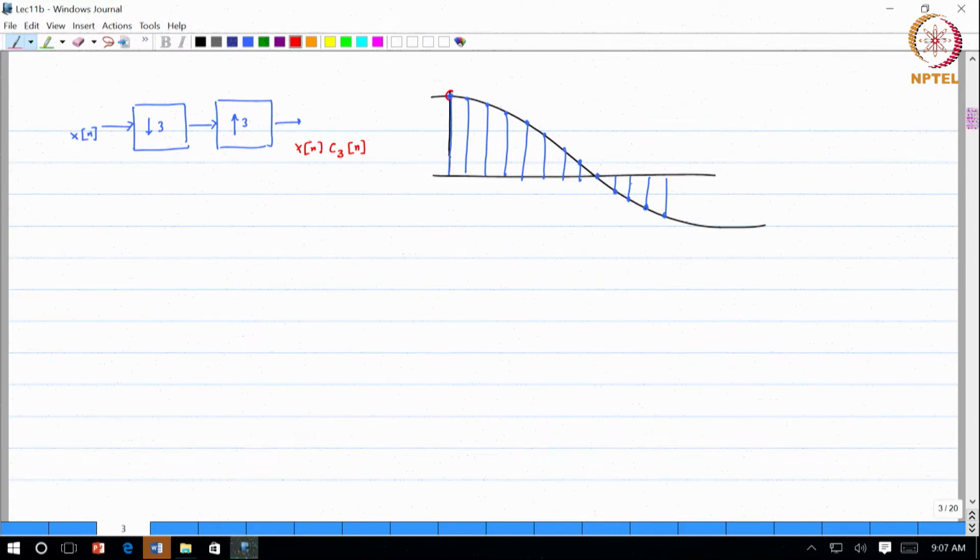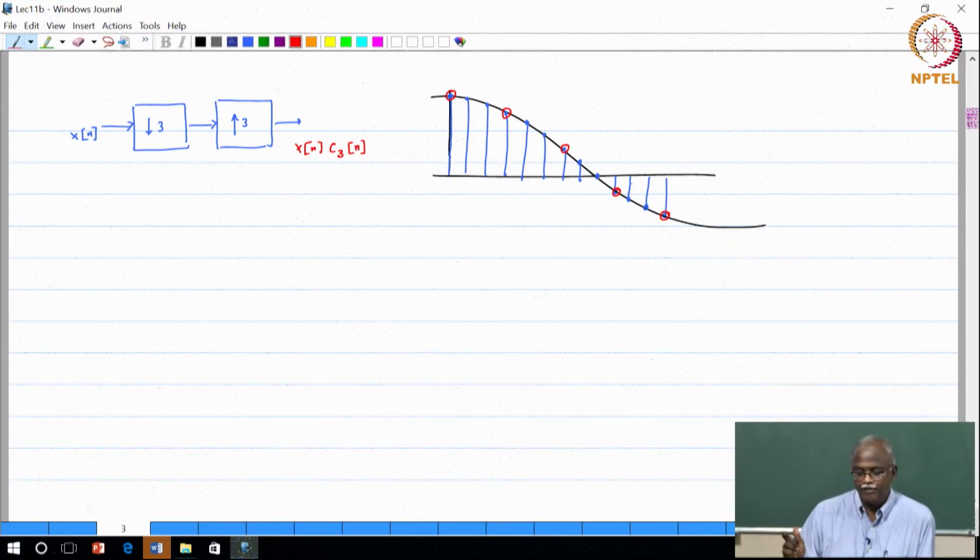So, downsampling will retain this and this. Every 2 samples in between have been thrown away. Then the upsampling process says you will restore 0 valued samples in between, L minus 1 zeros. So, the 0 valued sample is here. Basically, the comb sequence keeps in this case every third sample, and the rest of the samples are set to 0.